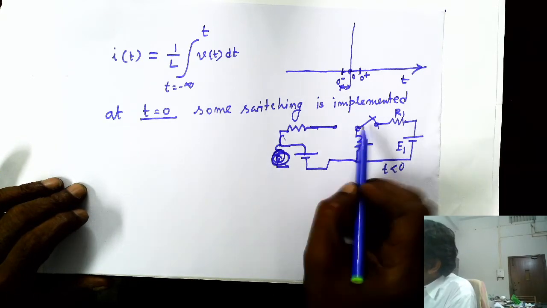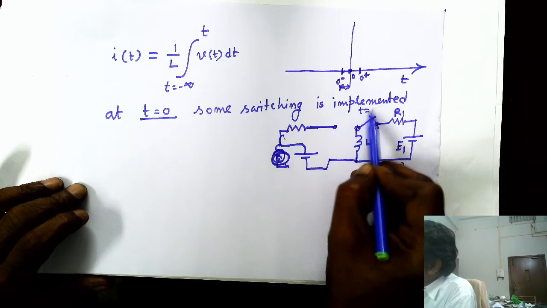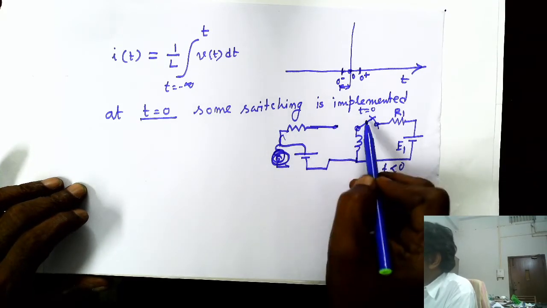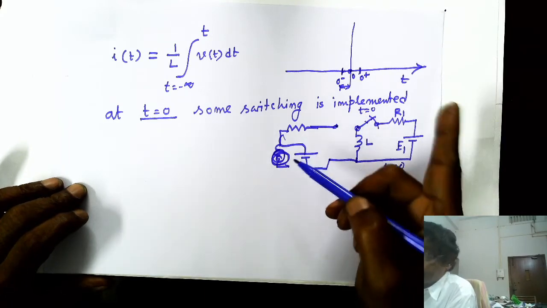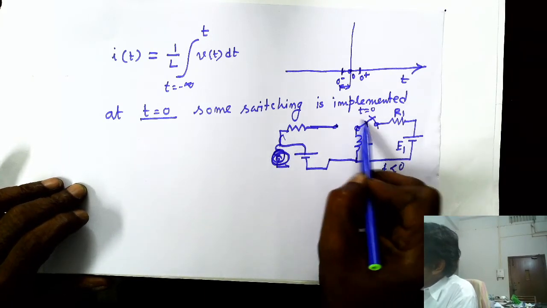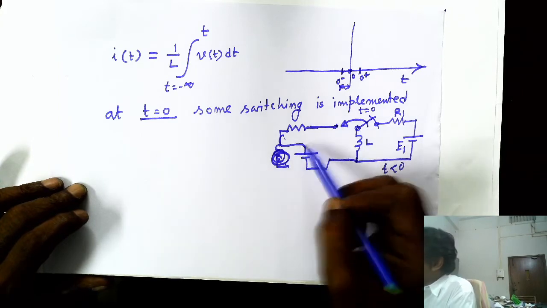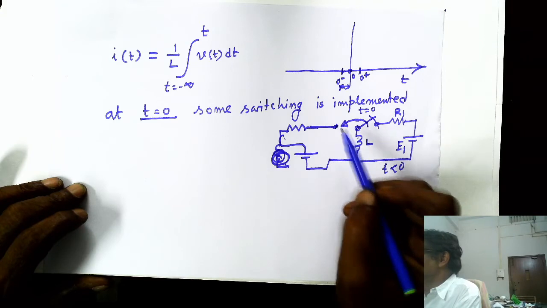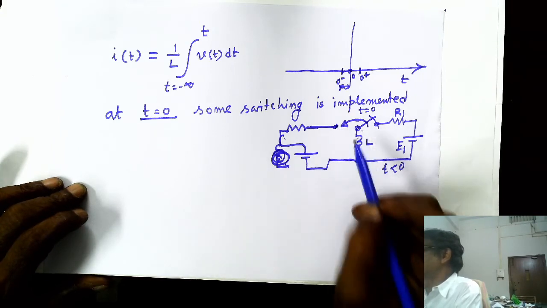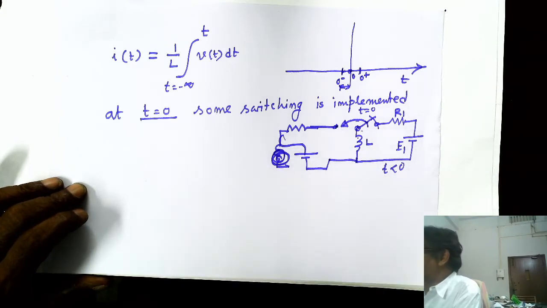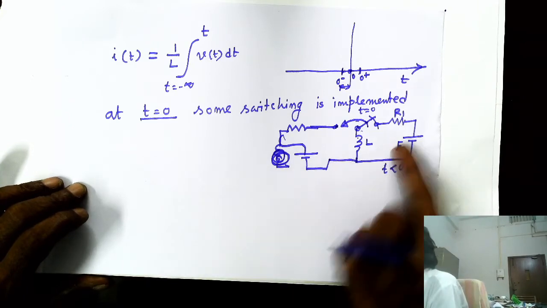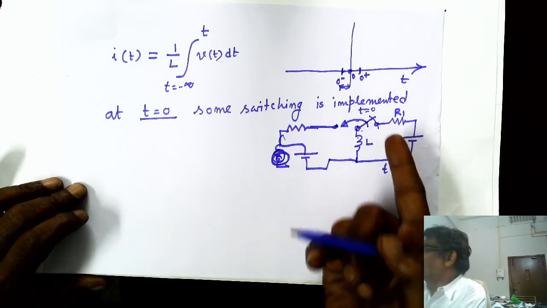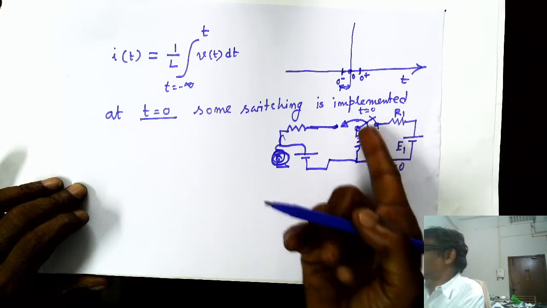Therefore, at t equal to 0, you bring this switch here. At whatever time you are doing that, I am counting my time from that instant. So you bring this switch connected to here. Now, when you connect this inductor to this side, this inductor has inherited some current from this circuit, depending upon the parameter values and at what time you are switching.